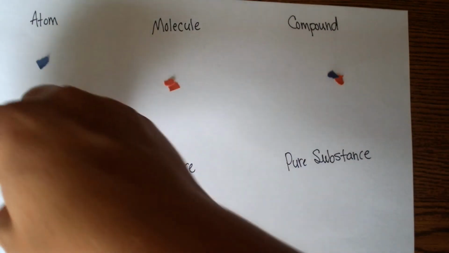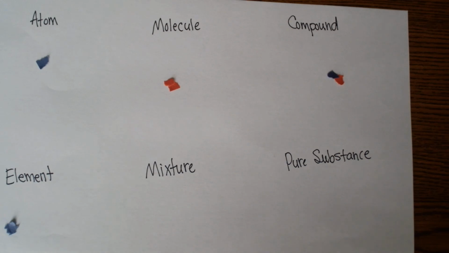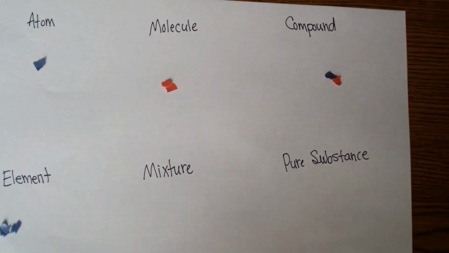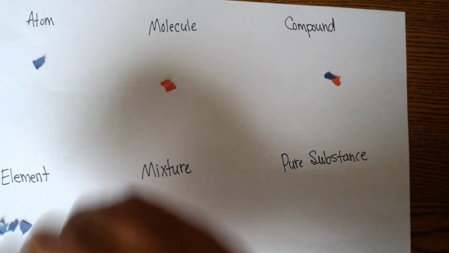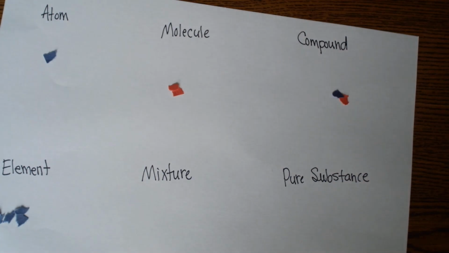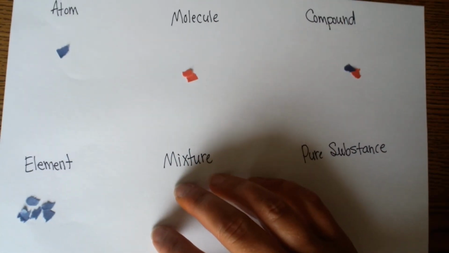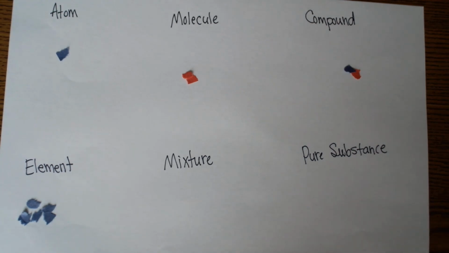Okay, well, think about pencil lead in your pencil. Is that just one atom of carbon? No, what is it? Lots of atoms of carbon. So if we have lots of atoms of the same thing, okay, then oops, I'm moving the paper. That's an element.